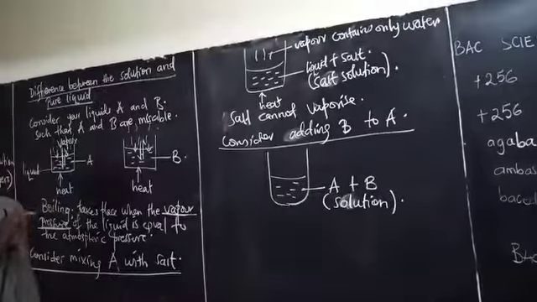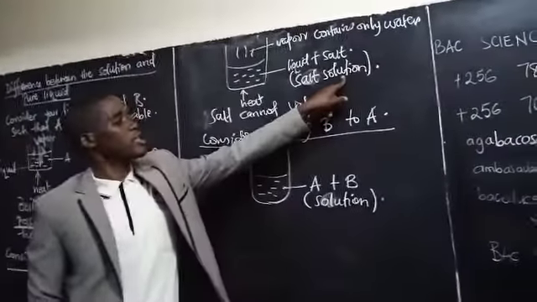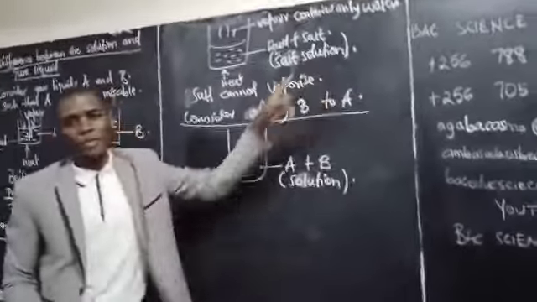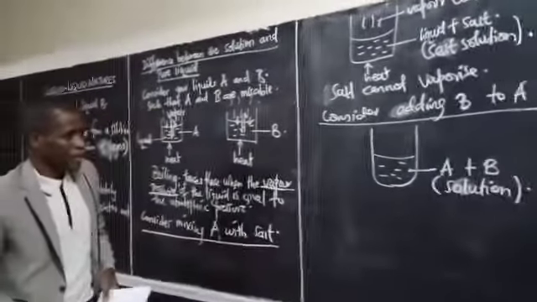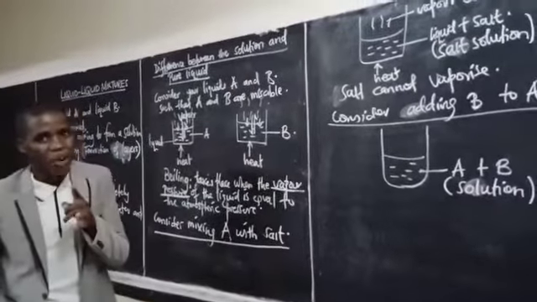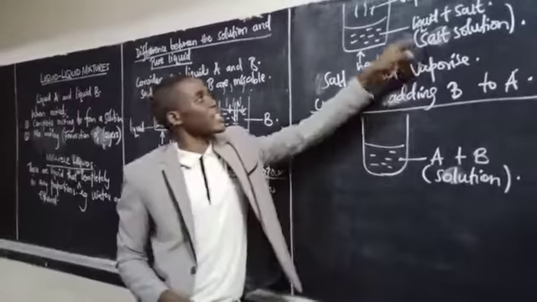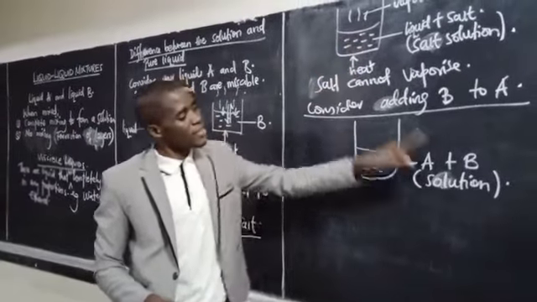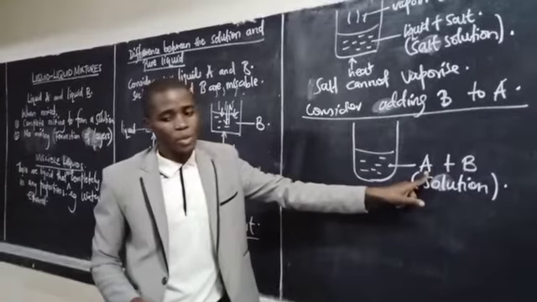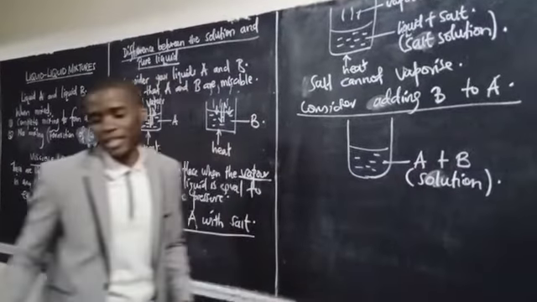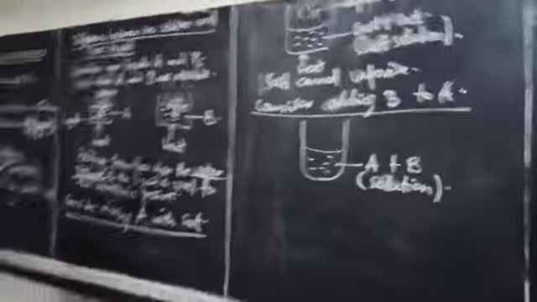This liquid A mixed with liquid B is also a solution like this. We have always thought about them differently, yet their properties are almost the same. The way salt affects liquid A is the same way liquid B will affect A, because they are both solutions. There are few differences, and these are the differences that we are aiming at.